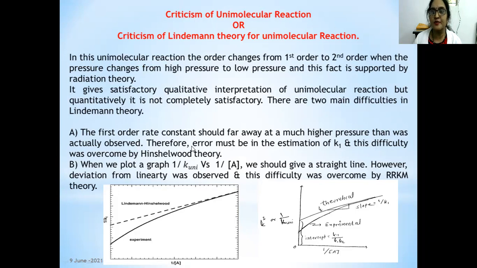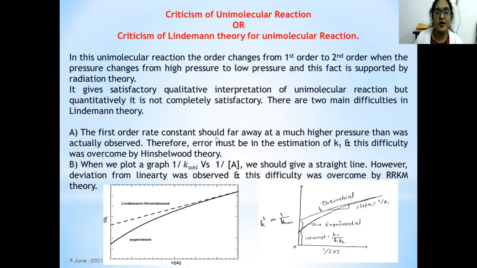Okay, do you understand? Look, this is a unimolecular reaction, so it should follow first order kinetics. Means we have to calculate the value of k1. But what is observed?